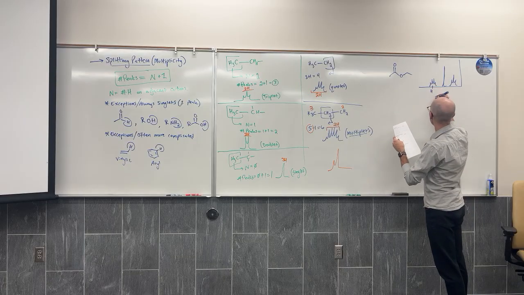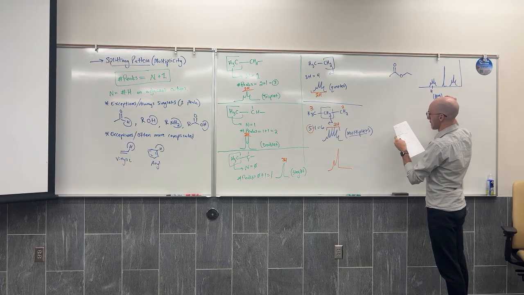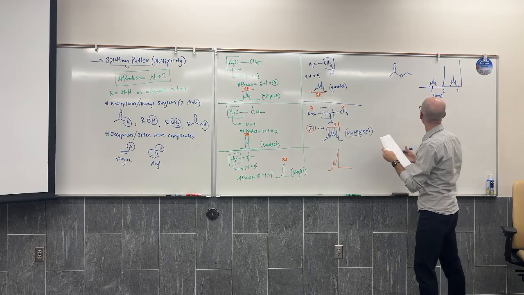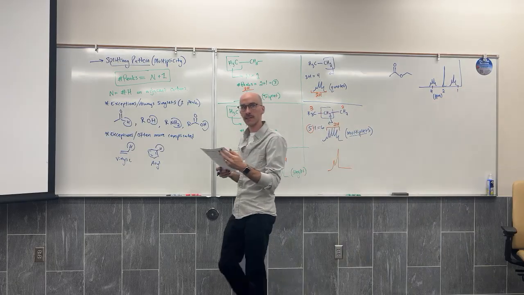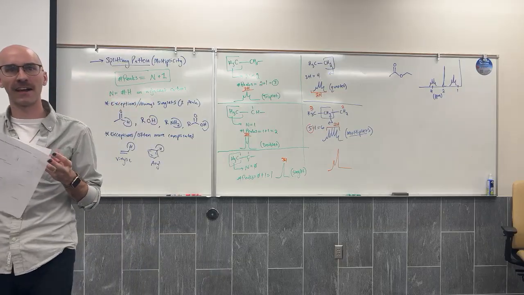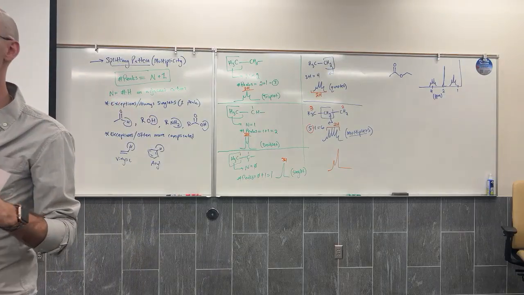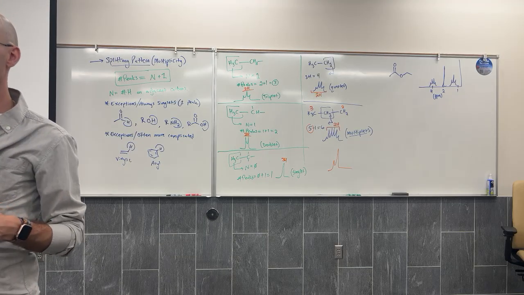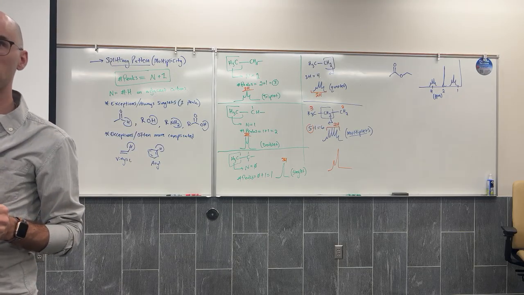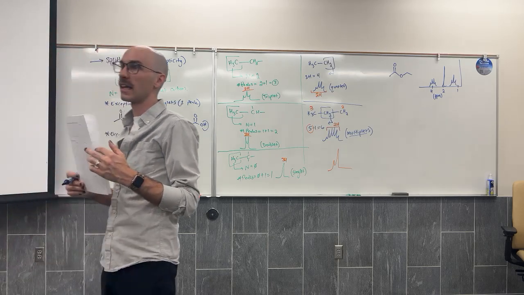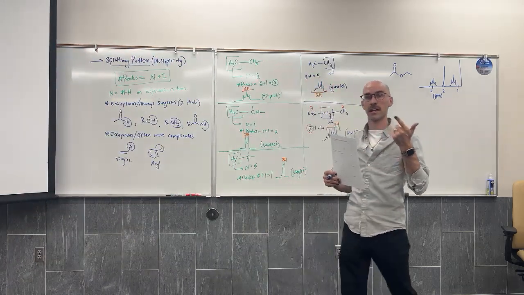Here's 4 ppm to 1. I'd like you guys in groups to assign integration values to these 3 signals. To be able to do that, you have to know which hydrogens are producing what signals. To be able to do that, leverage their chemical shift and their splitting pattern.